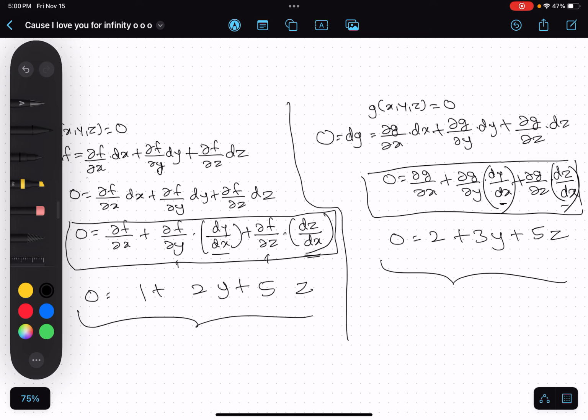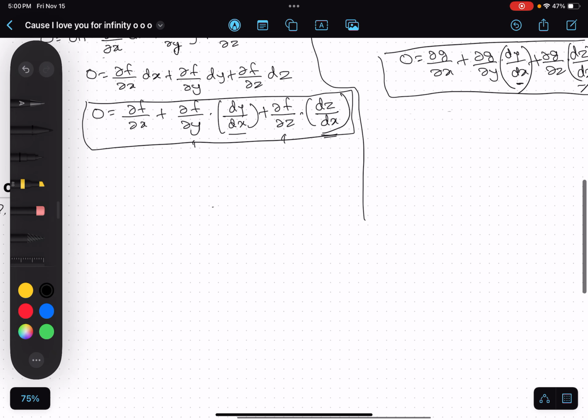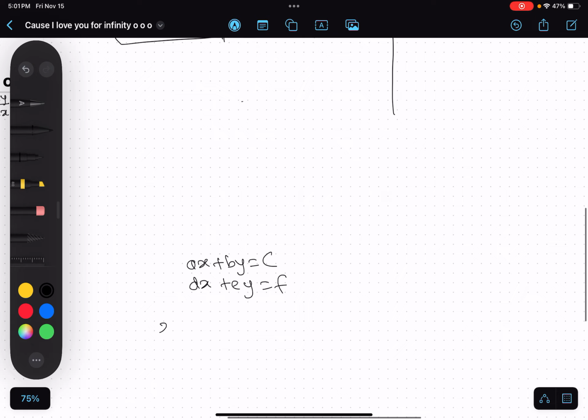If you don't know it, I will first summarize Cramer's rule for you, and then go on solving this, because otherwise it might be hard to understand, right? So what Cramer's rule says is, let's say you have the equations ax plus by equals c and dx plus ey equals f. To find x, you substitute c and f in place of a and d, which are the coefficients of x.